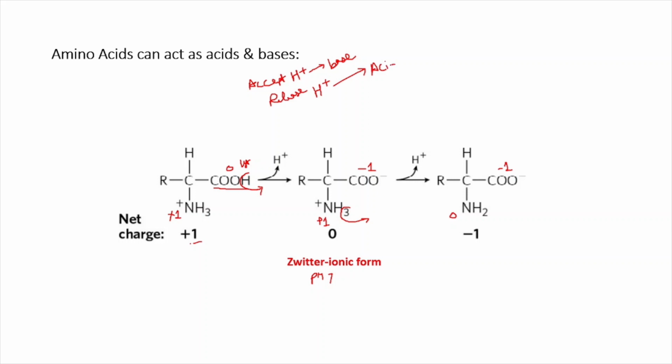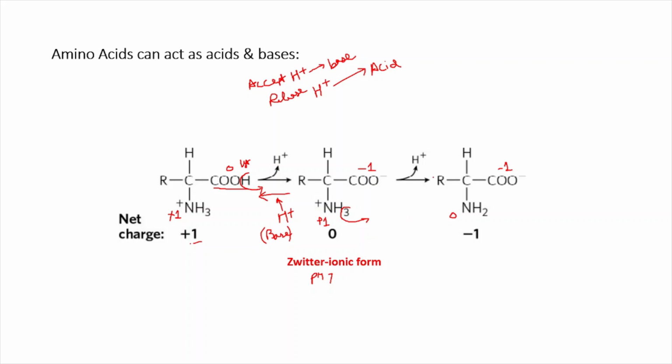So here you can see in this zwitterionic form, if it reverses back, how will it reverse? It will accept a proton and revert back to the first structure. So by accepting a proton, it is behaving like a base.